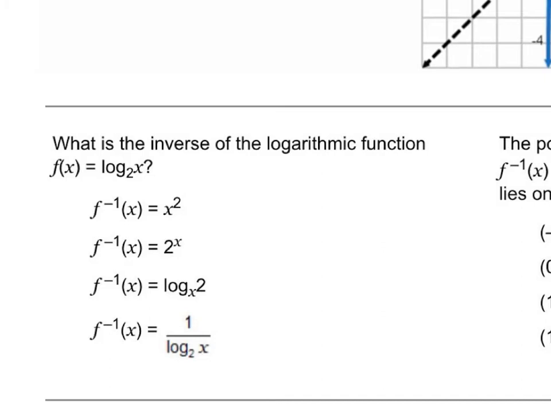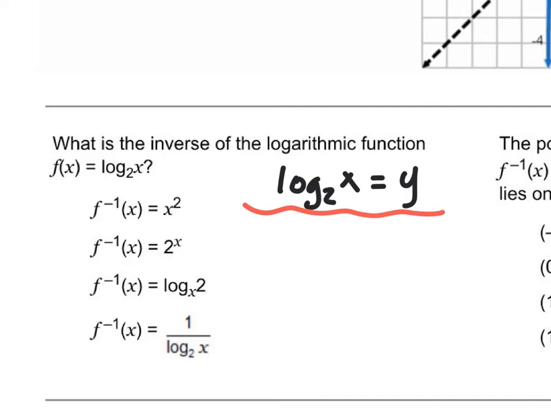So like I said, if you've got log base 2 of x is equal to y, and you wanted to find the inverse of this, then what you do is you switch the x and y values and you solve for y.